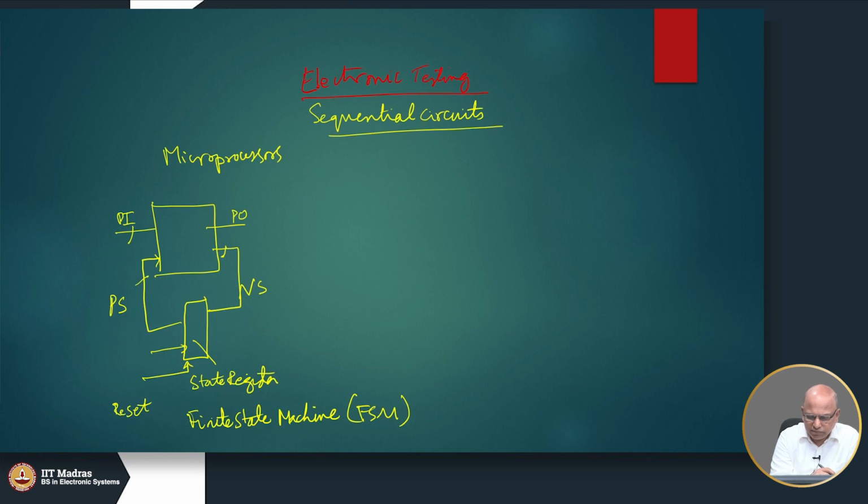Imagine that there are 3 flip flops. So, it might look like this. There is D0 coming in and Q0, D1, Q1, D2, Q2.